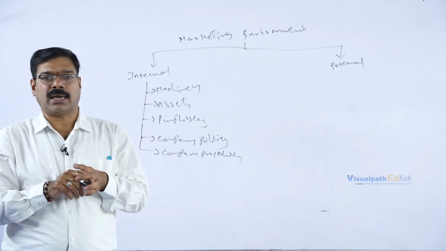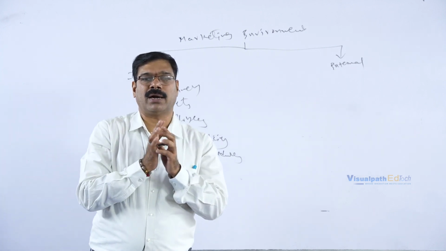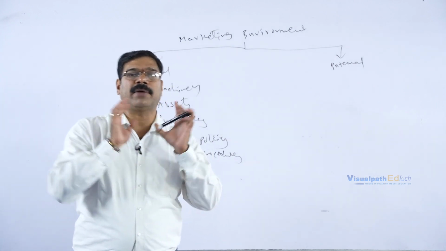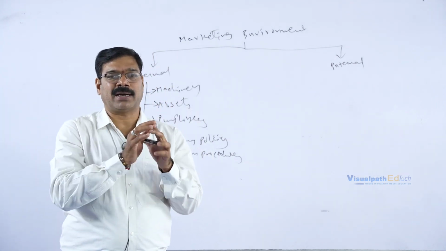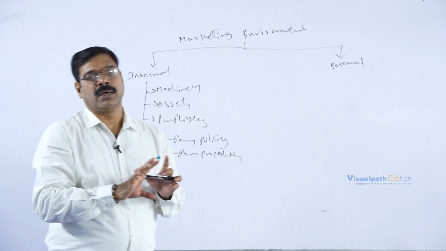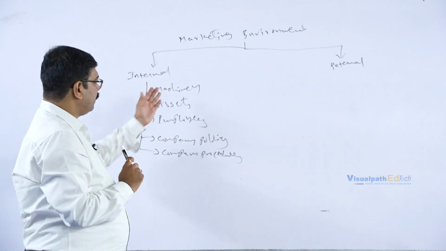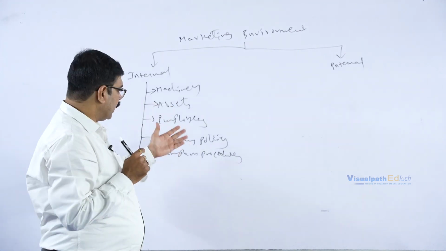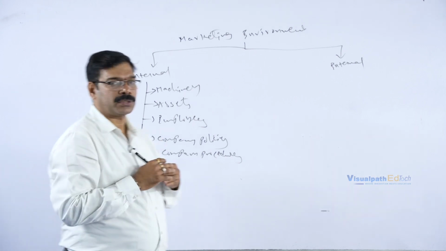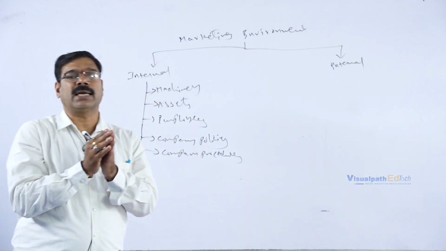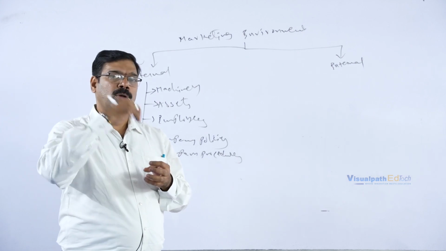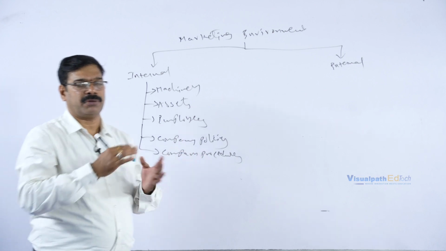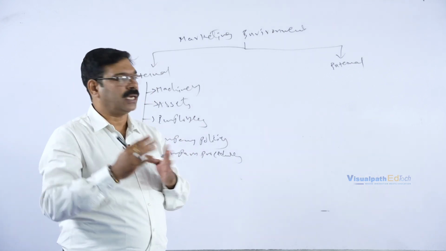It is easy to understand what the internal factors are. Internal factors are controllable factors, so you can control them. For example, your machinery, assets, your employees, even your company policies and procedures, all those are controllable factors. If you are able to understand these factors, it is easy for you to formulate the marketing strategy which is going to make you successful in the market.